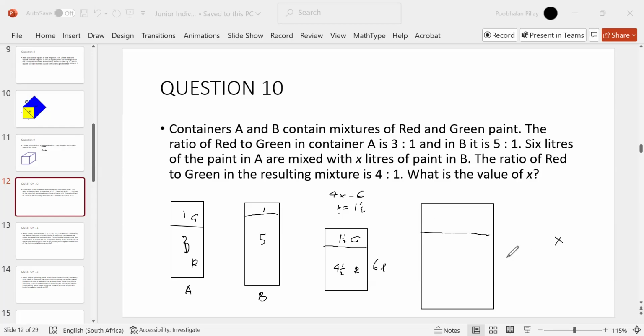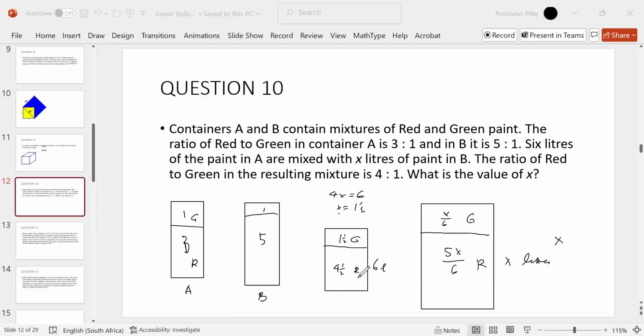So I've got X liters altogether, and the ratio of red to green is 5:1. So it's 5/6 and 1/6. So you got 5x over 6 red, and x over 6 green. So you are mixing these two things up.